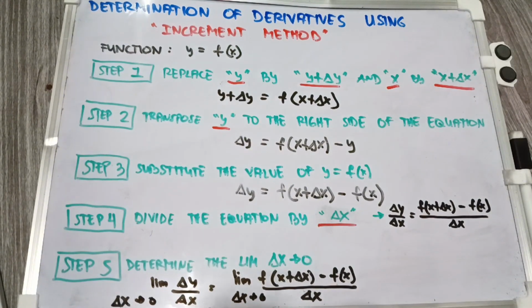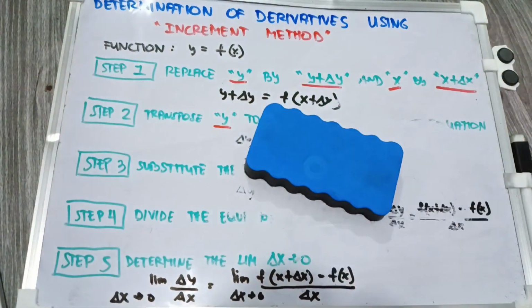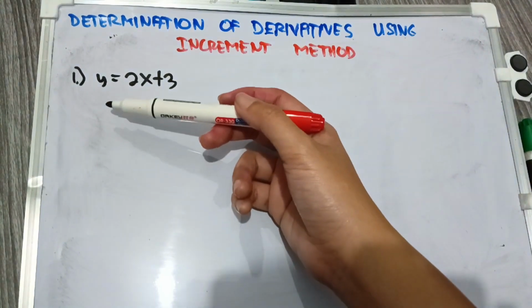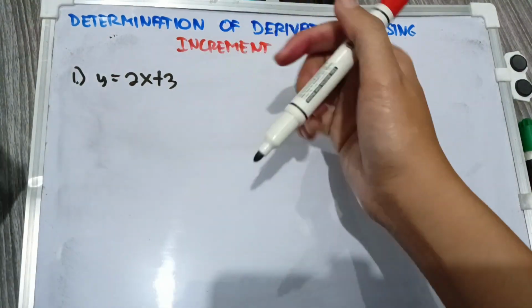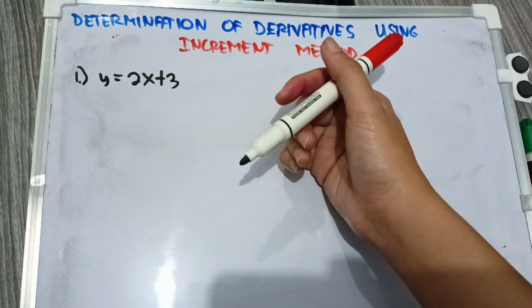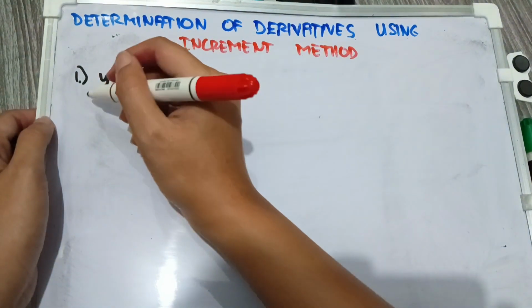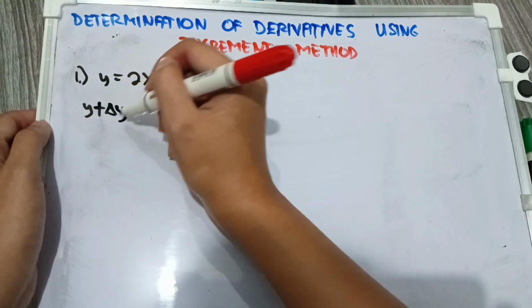So let's have an example so we can understand it more clearly. Okay, let's have an example. So y is equals to 2x plus 3. In step 1, it says that we should replace y by y plus delta y.